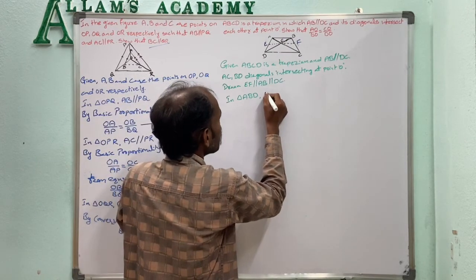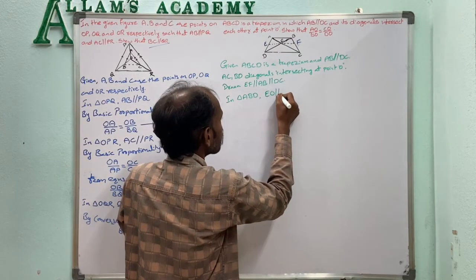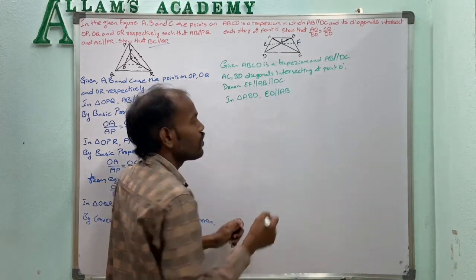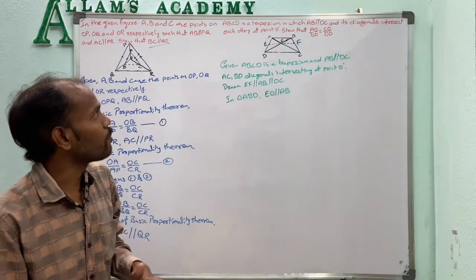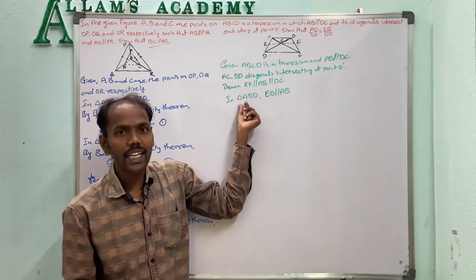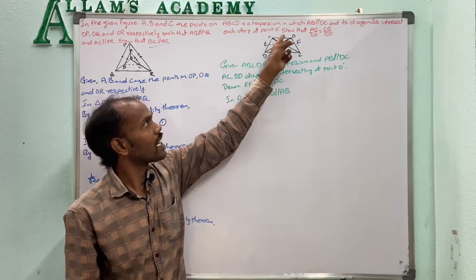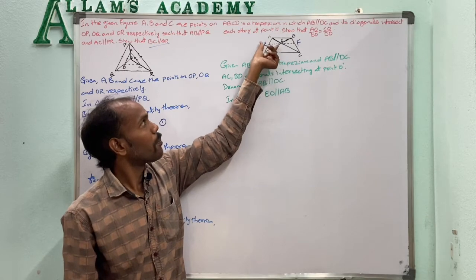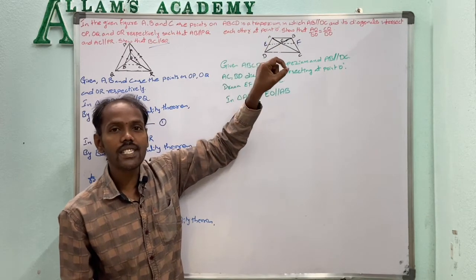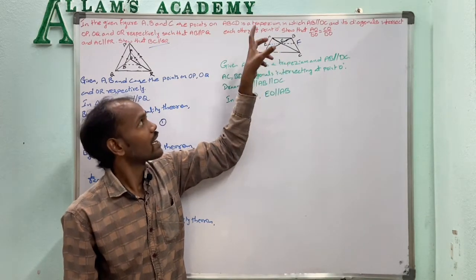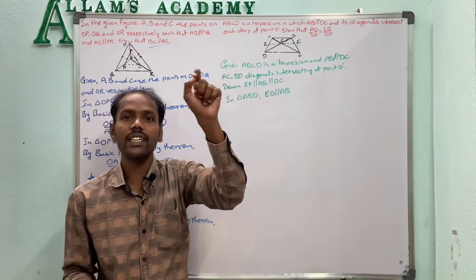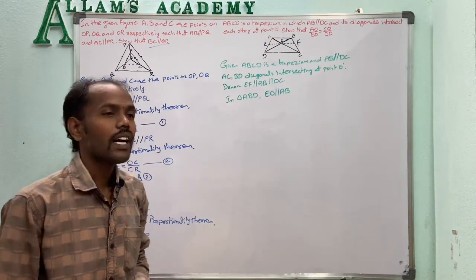So EO is parallel to AB. In a triangle, if a line segment is parallel to another line segment, then the sides on which the points lie are divided in equal ratio.